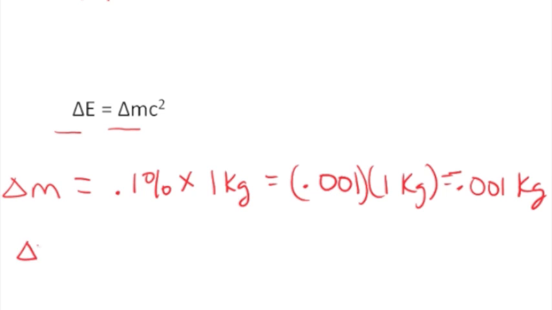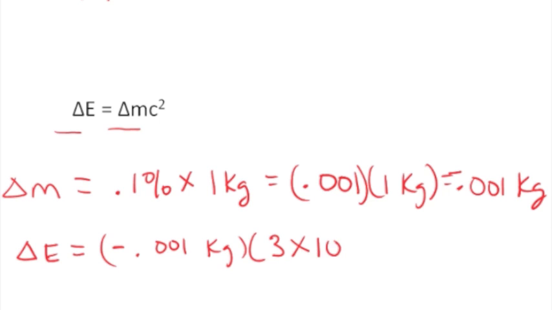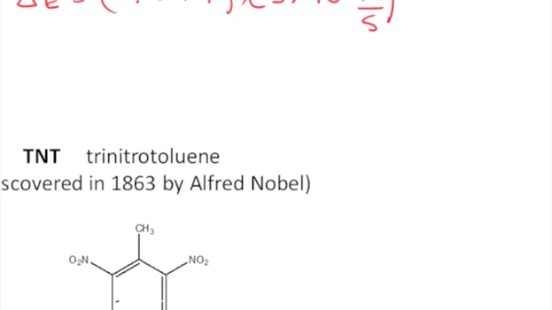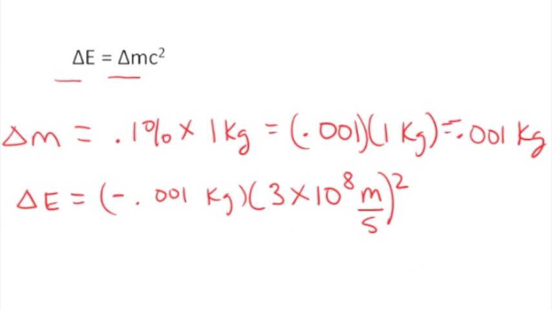So to calculate the energy, delta E equals negative 0.001 kilograms times the speed of light squared, and the speed of light, as we said previously, is 3 times 10 to the 8th meters per second, squared, which is the same as 9 times 10 to the 16th meters squared per second squared.